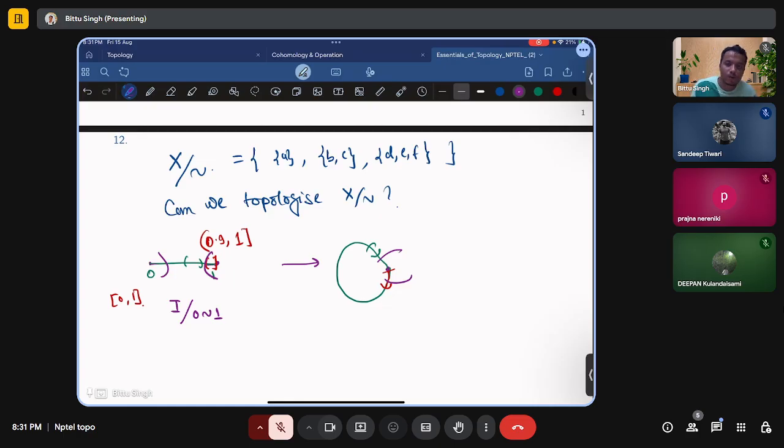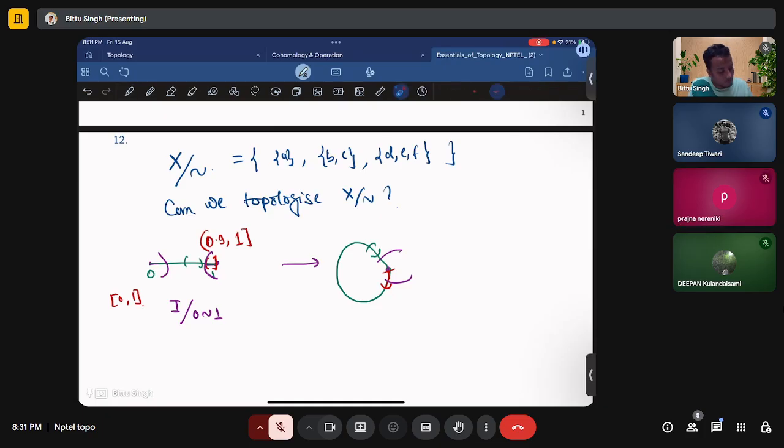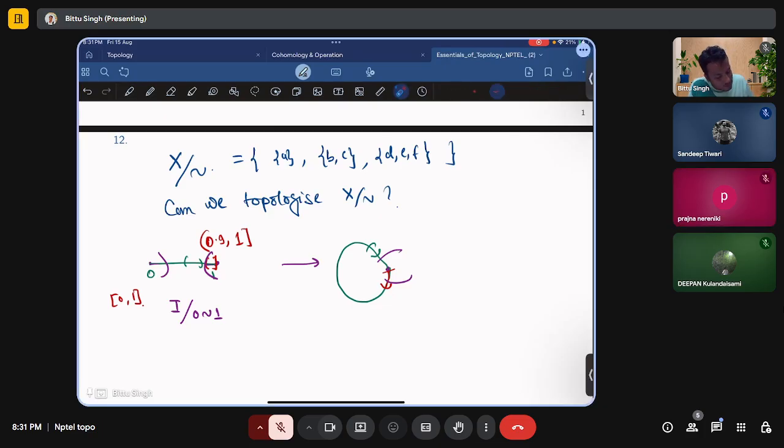Is it understood? So I am not saying that take image of those open sets. That is not how we are defining. I am defining something to be open if and only if its pre-image is also open.